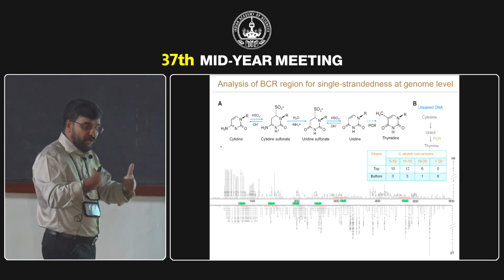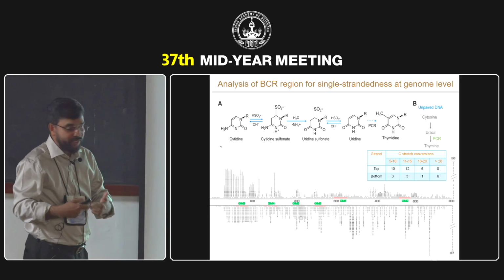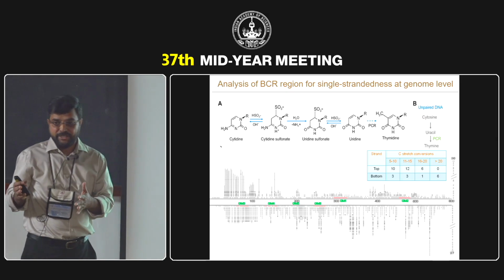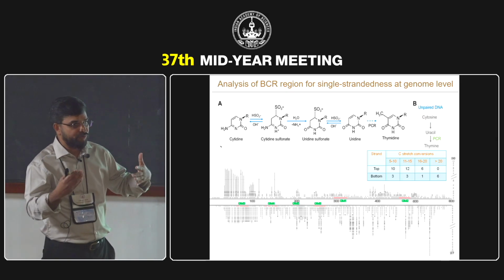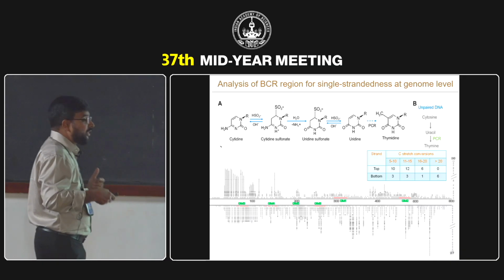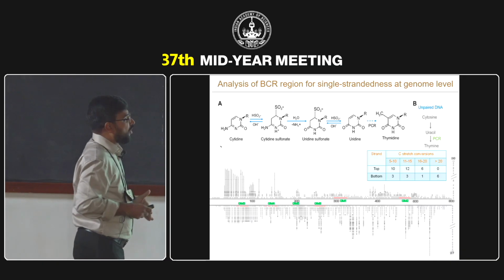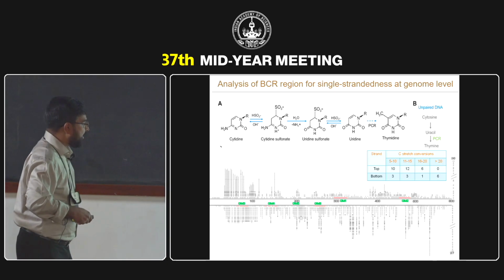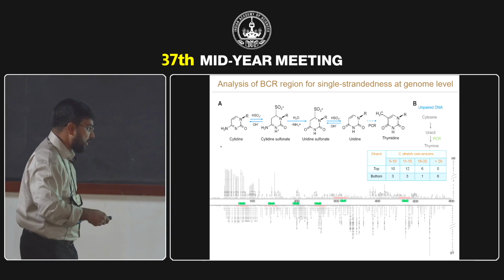Right? And then following PCR and sequencing, you will read this as a C to T change, cytosine to thymine change, which is an easy way to find out whether the DNA region was originally single-stranded in the genome. So now what we found was that in the BCR region there are many stretches of single-stranded area.